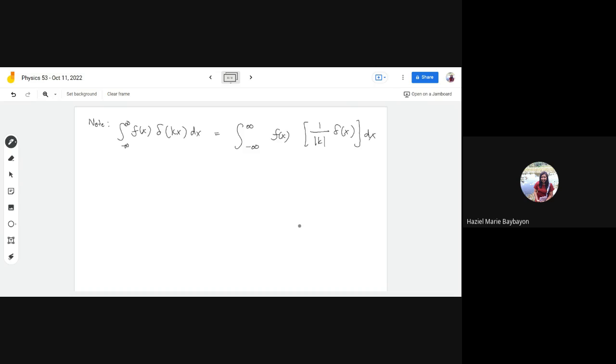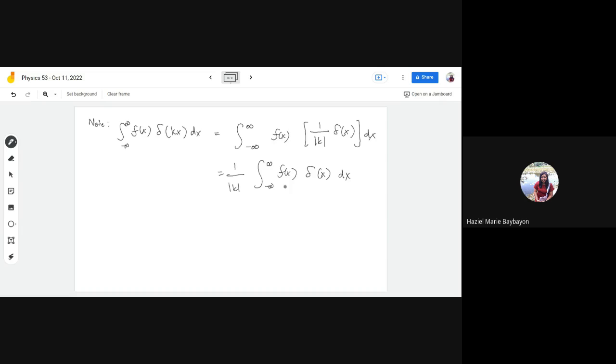Okay. Now, we can take this out. So remember, since this is a constant, we can take this out of the integral sign. And then we are left with the original, so 1 over k, and then the integral of f of x times delta.